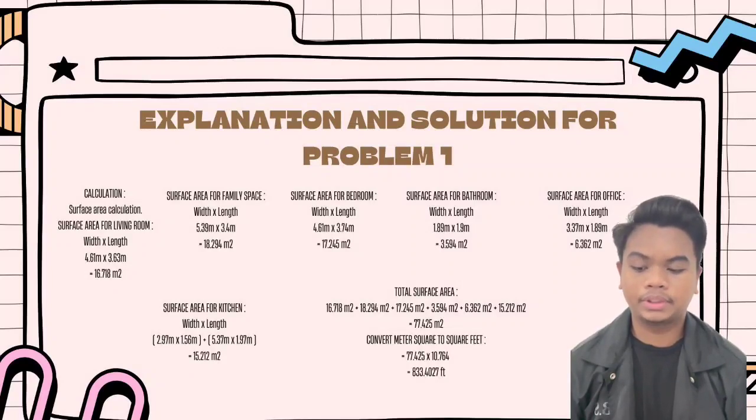And then for surface area for kitchen, we need to calculate 2 times because we have an L shape and we separate it into 2 shapes. So 2.97 meters times 1.56 meters plus 5.37 meters times 1.97 meters, so we get 15.212 meters square.